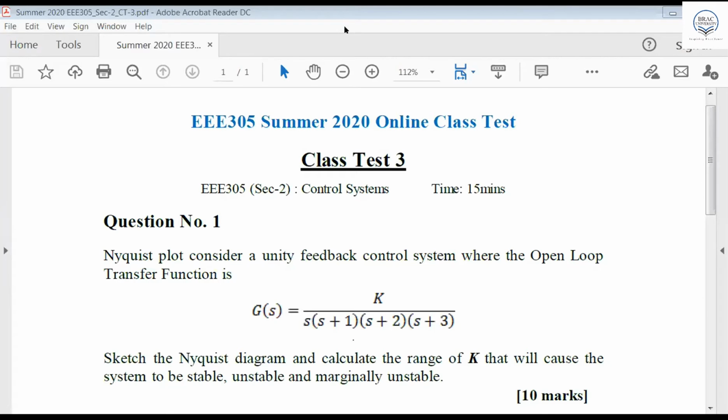Hello? I'm sorry, can you repeat slowly? Do you have to use the polar graph paper or we can? No, polar graph paper is not required at all. It is sketching. You see, this is a sketch, the Nyquist is sketching. So no need.